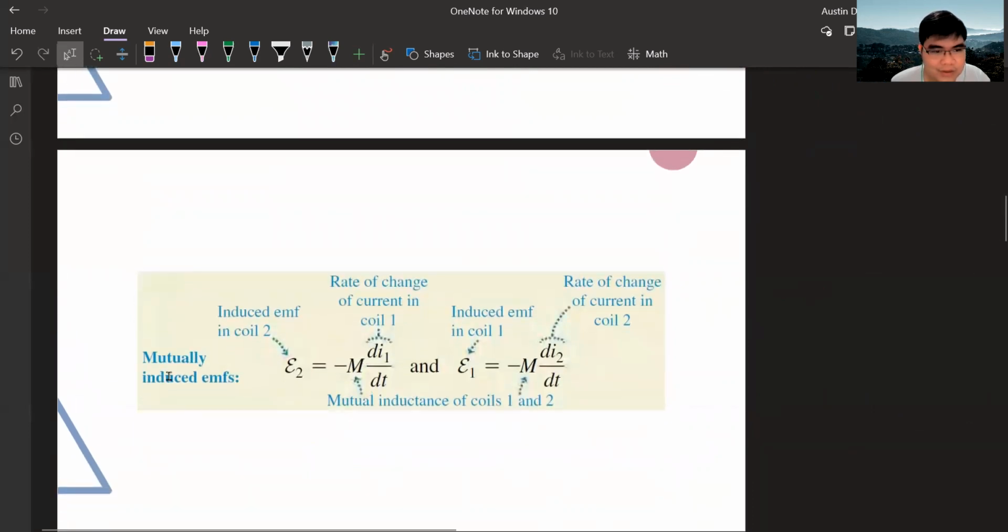So yung mutually induced EMF, E2, yung na-induce na EMF sa coil 2 will just be dependent on the change of current times yung M natin, yung mutual inductance. And similarly, for the other one, kung meron na current nagpa-pass through dun sa coil number 2, si coil number 1 magkakaroon ng induced EMF which is this amount. Okay?